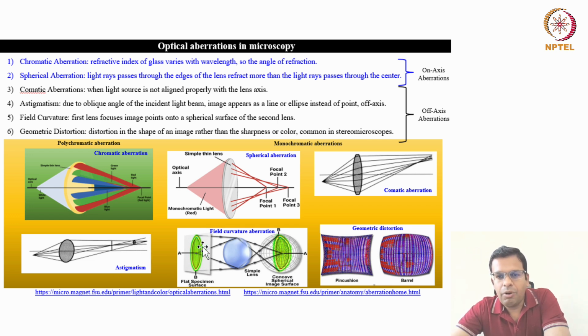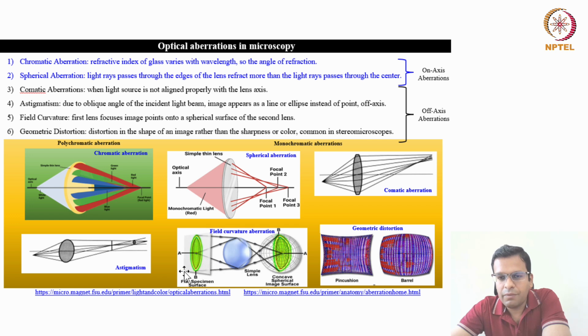Another type of optical aberration is known as field curvature aberration. Let's say the light coming from one lens falls on the other lens. Now the other lens also has a curved surface. Because of the curvature of the field of various lenses, it creates this kind of image.